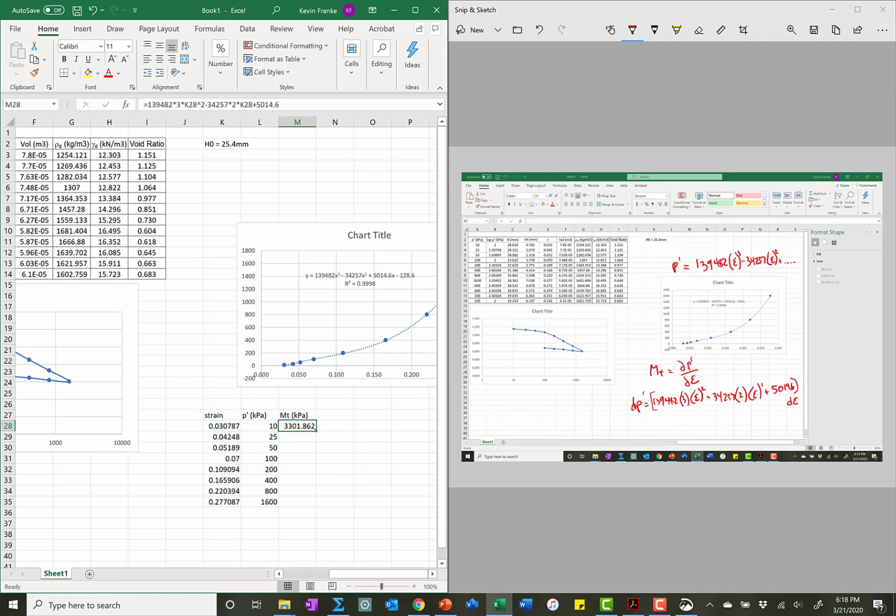So that is my tangent modulus at these corresponding mean stresses.